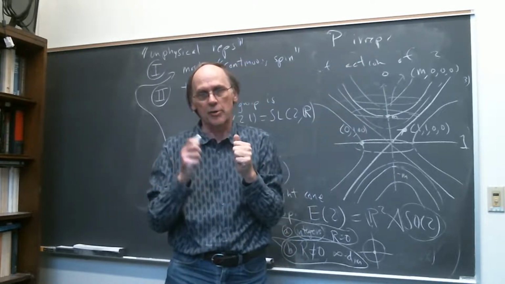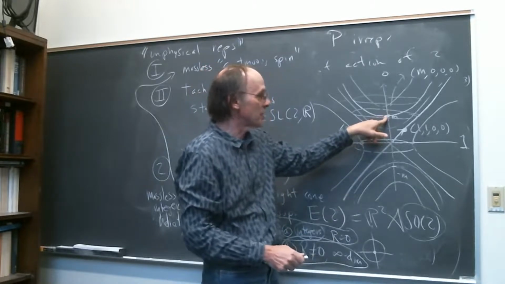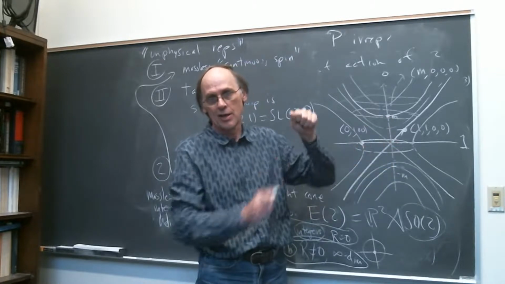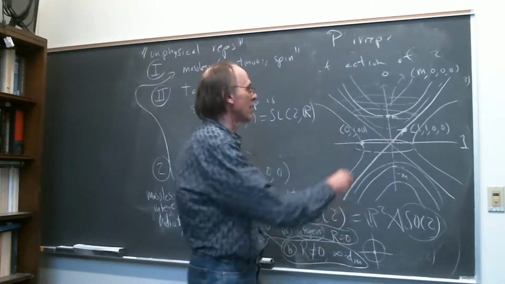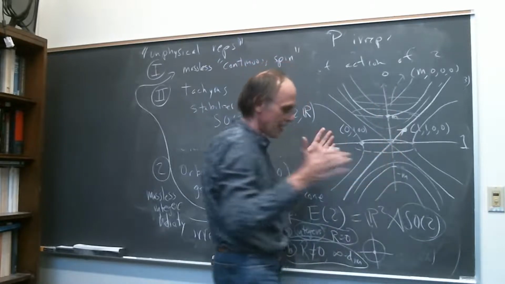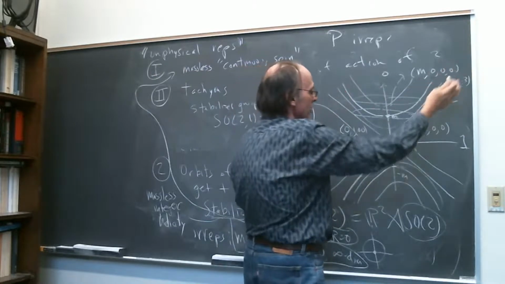You're right that the stabilizer group, which is SO3 here, goes to E2 as you take the limit. As you take the mass down to 0, you're getting something that looks more and more like the light cone.